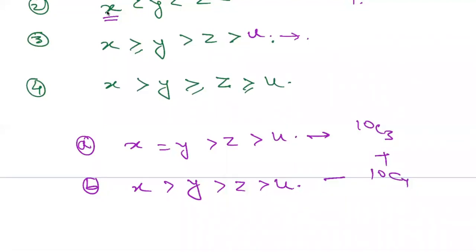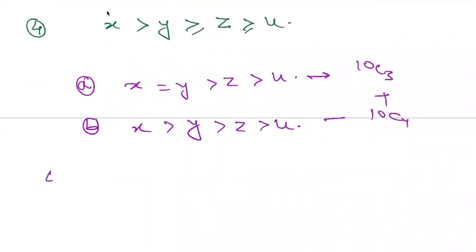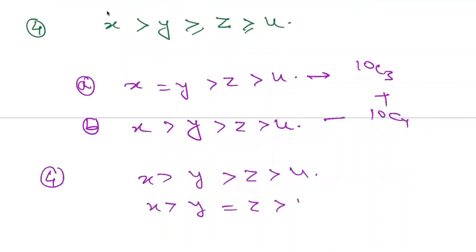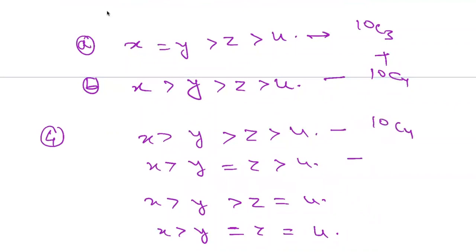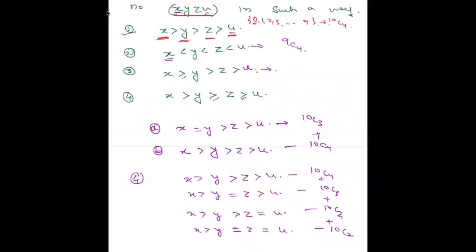Again, for fourth, X greater than Y greater than Z greater than U, and X greater than Y equal to Z greater than U: 10C4, 10C3, 10C3, 10C2. Please note down carefully.